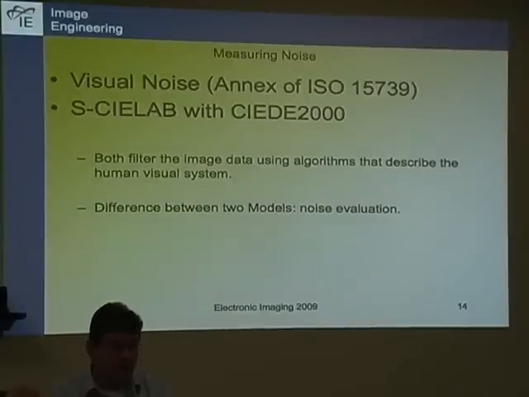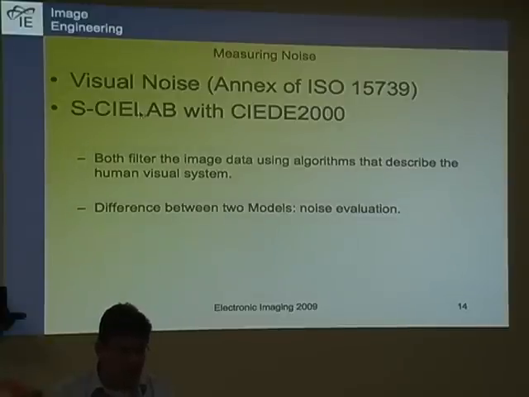We also had a look at the SCIELAB approach that was developed by Wandell and others. There's a very nice paper on that from Johnson and Fairchild called the top-down description of S-CIELAB. That basically describes what this algorithm is about.